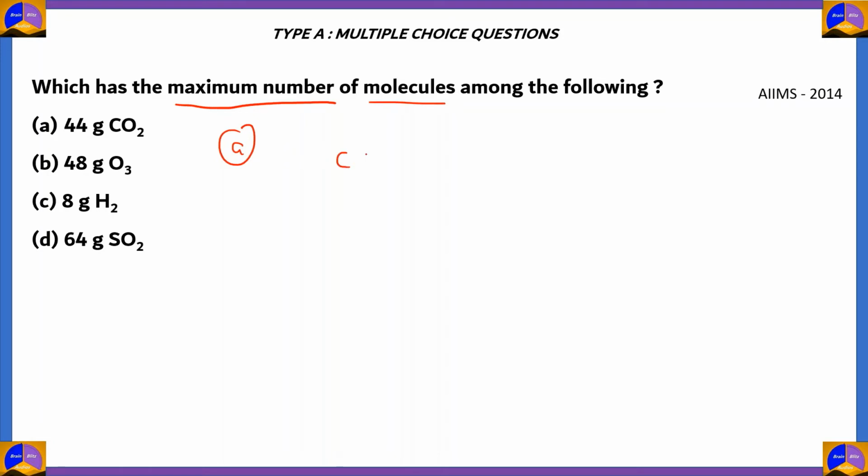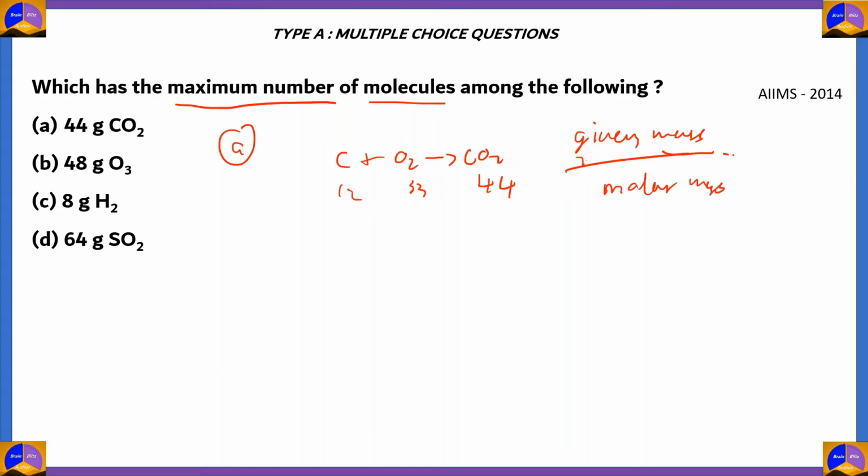So C plus O2 gives you CO2. So that is 12 plus 32 gives you 44 grams of CO2. So 1 mole of CO2 has 44 grams. So now we divide the given mass by molar mass. Given mass divided by molar mass gives you number of moles.